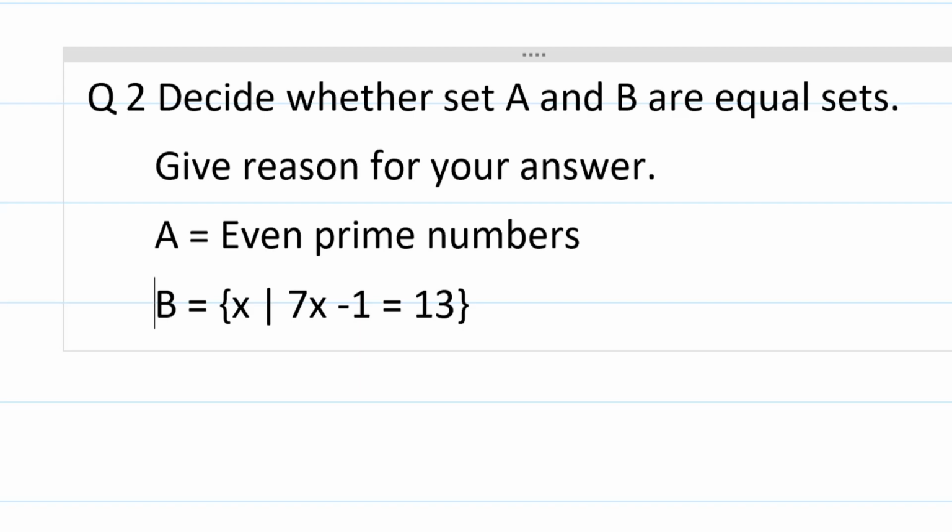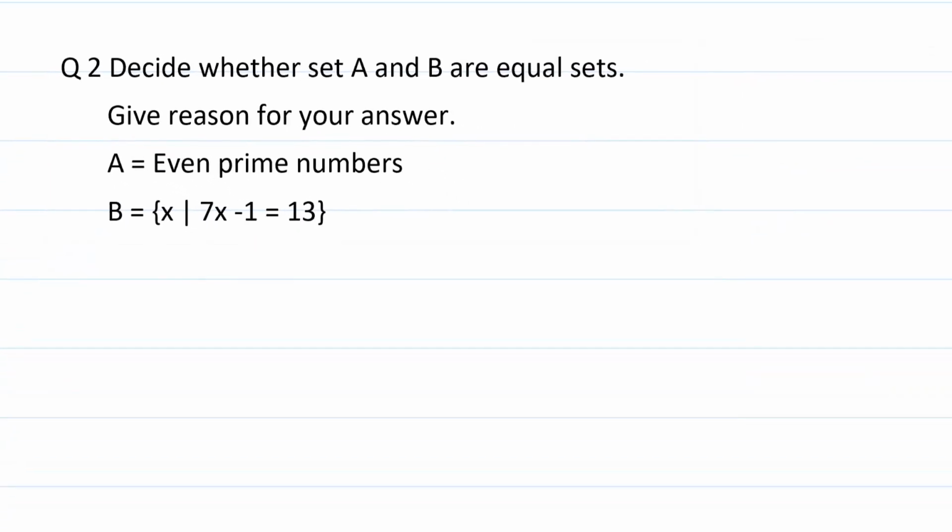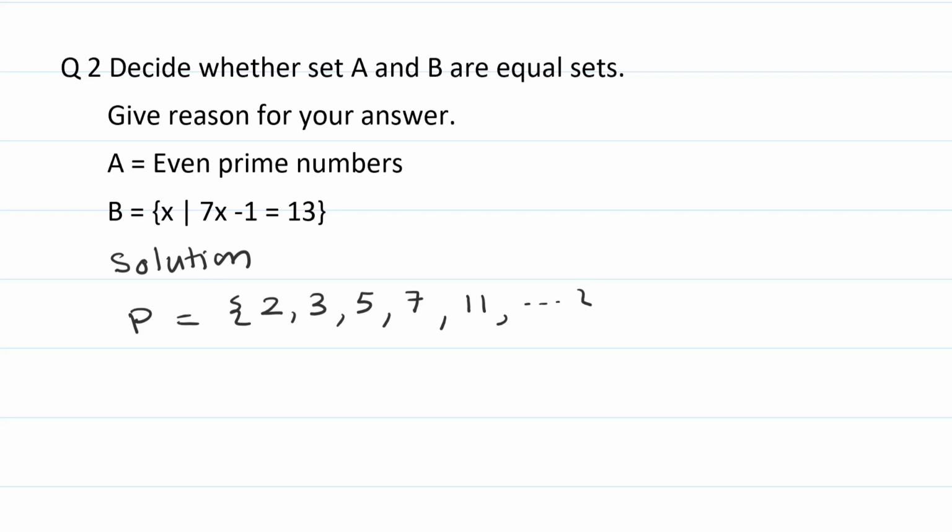When two sets have same element, then they are equal. Solution. We know that set of prime numbers is 2, 3, 5, 7, 11, ... Now, all numbers except 2 in this set are odd numbers.